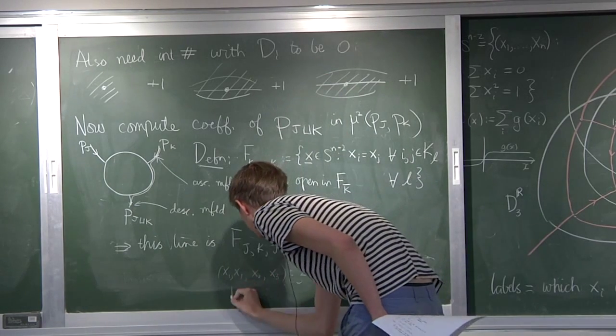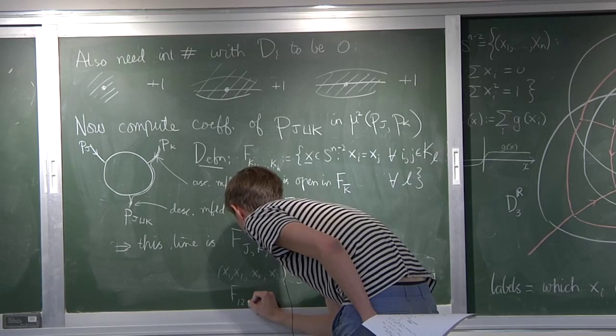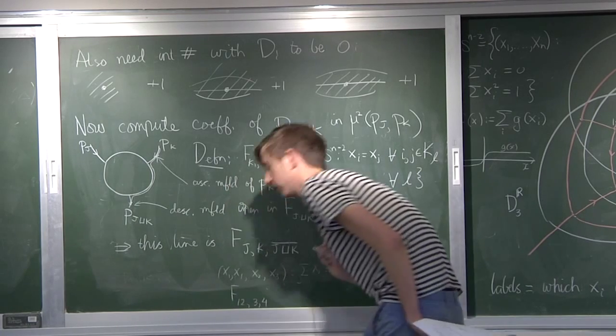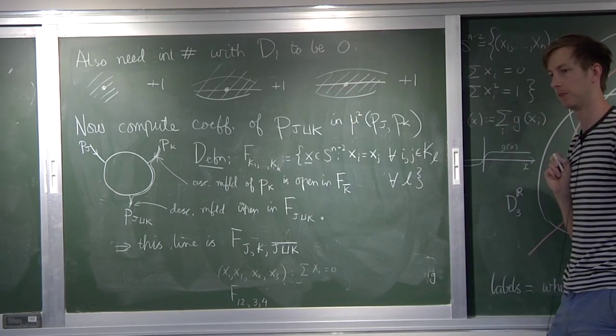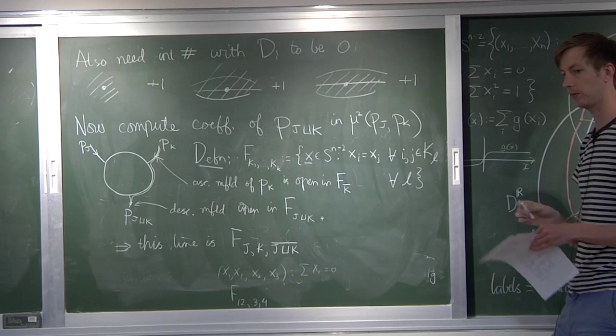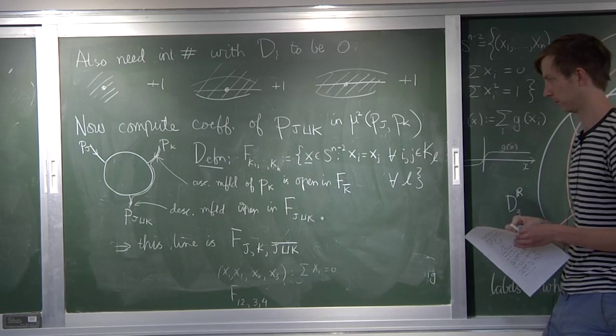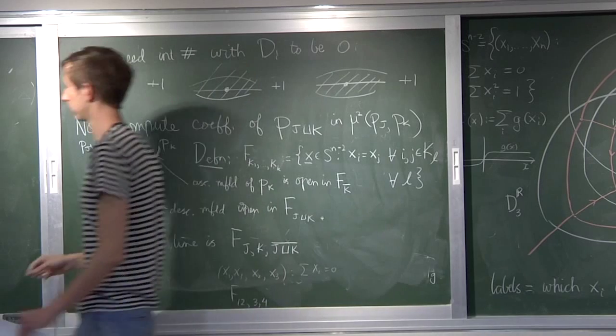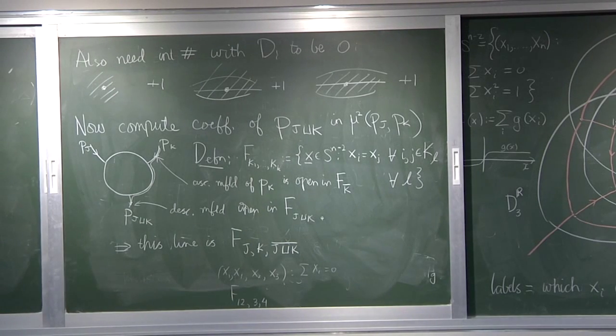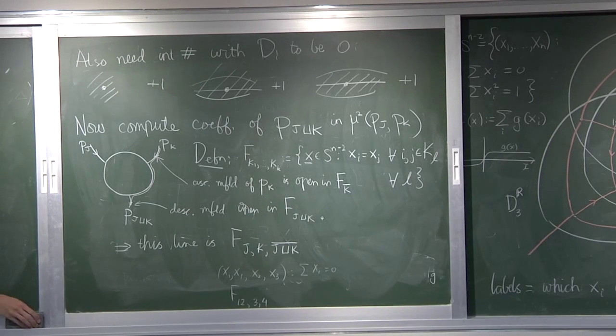So this would be F_{1,2,3,4}. Oh, I just lost my colored chalk.